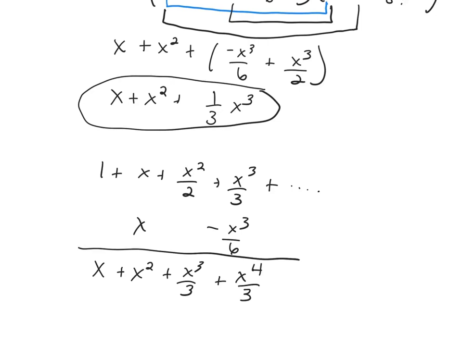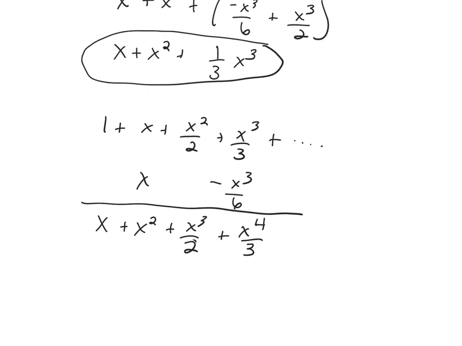Sorry, over 2 is what that should have been. Then multiply minus x cubed over 6 times everything in the first row, so it would be minus x cubed over 6 minus x to the 4th over 6, and so forth.